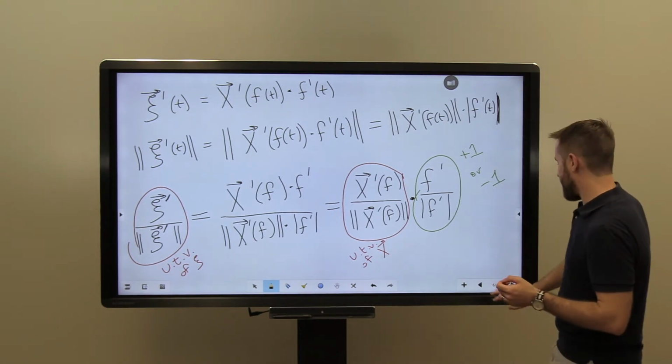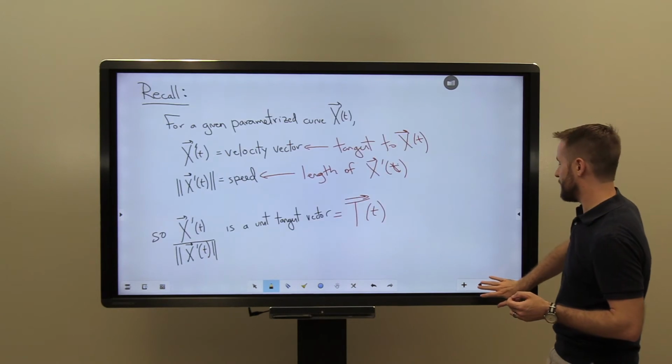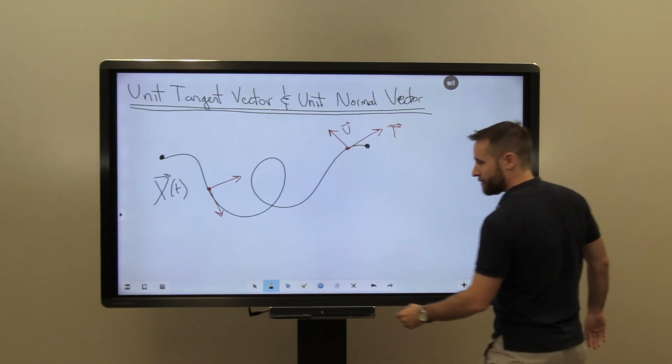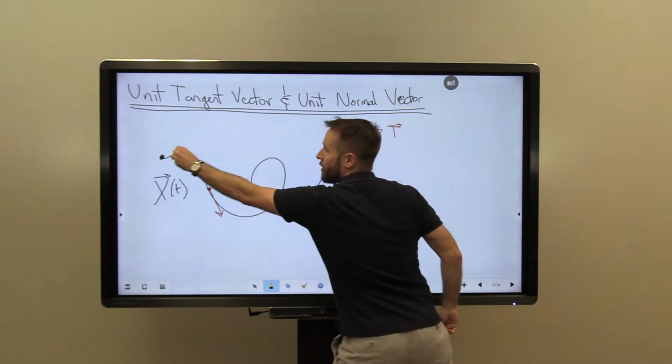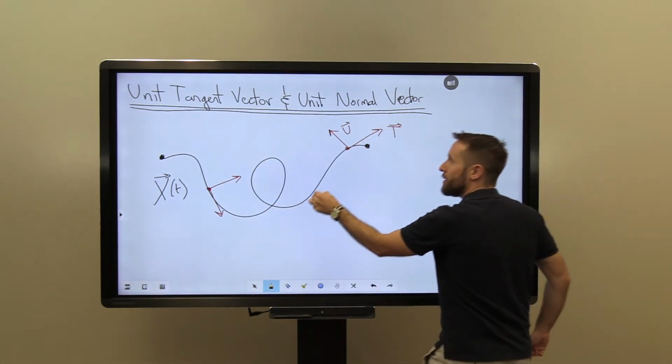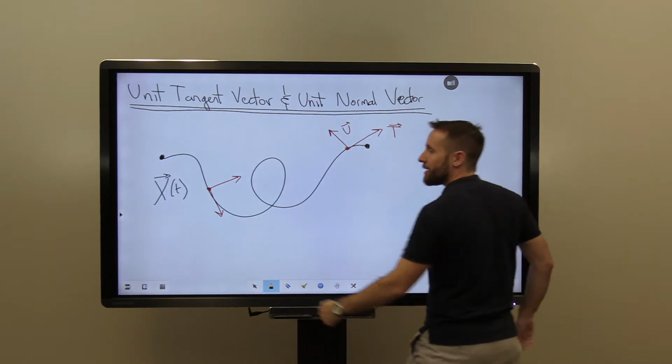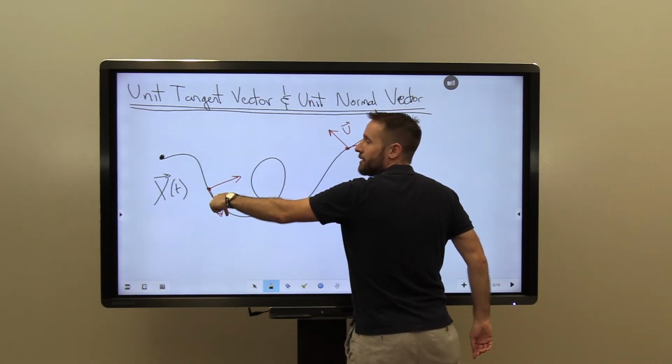And so going back to our original example here, if this was my x of t, and it's being traced out going in this direction, this will give us a unit tangent vector pointing in this direction.